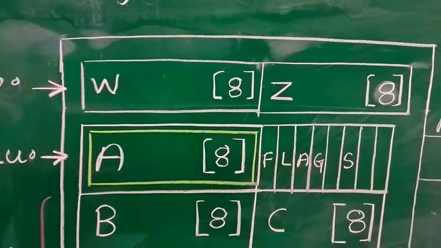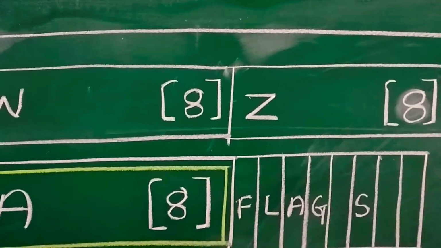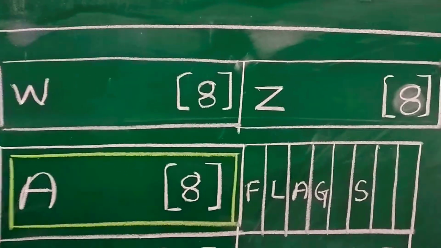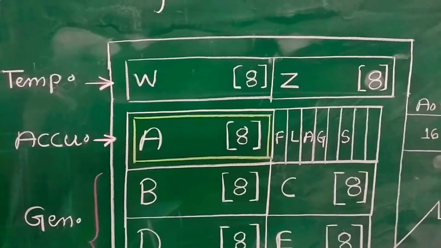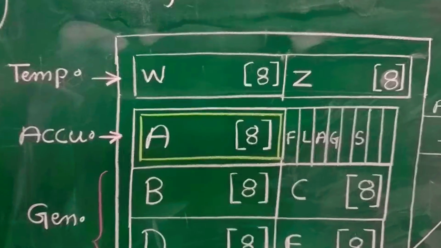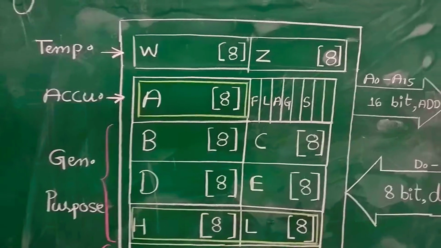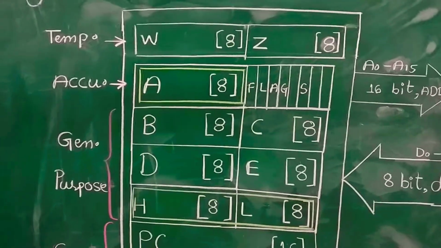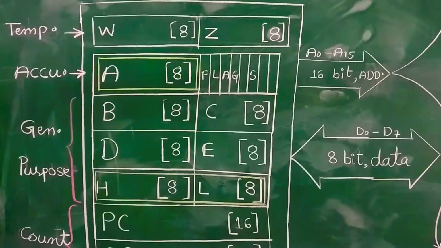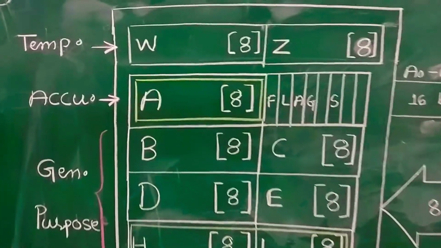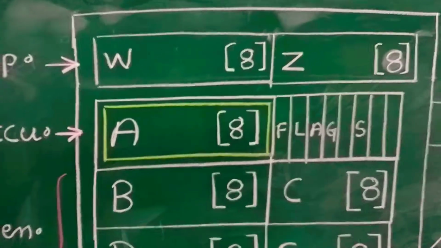Sometimes after arithmetic and logical operations, the data is also temporarily stored in W and Z. These temporary registers are used by the microprocessor internally. They are not available to the programmer, which means we cannot feed any data directly to registers W and Z.